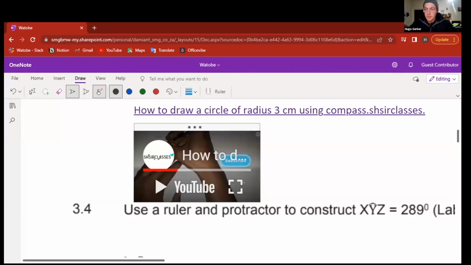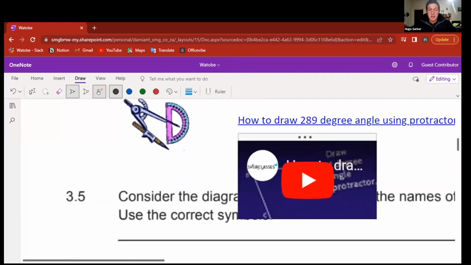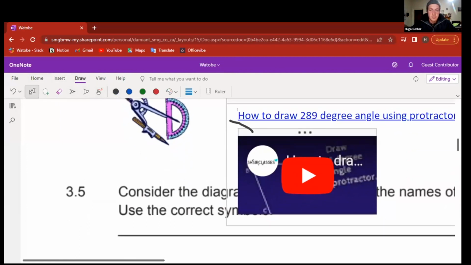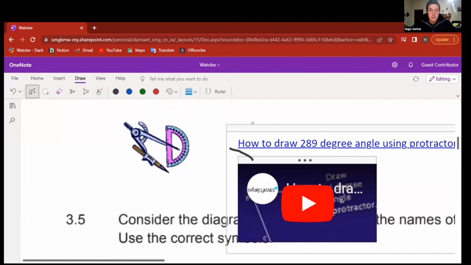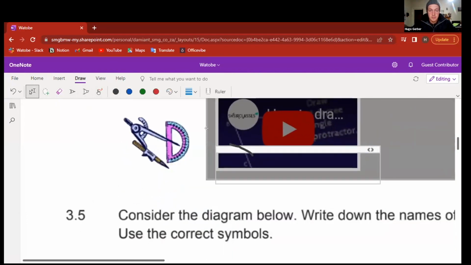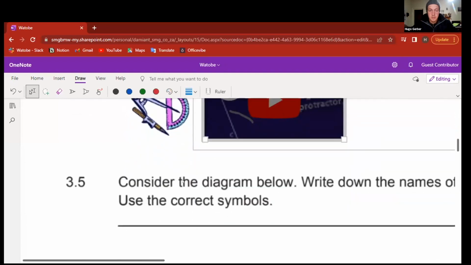So let's carry on. Using a ruler. Oh, sorry, we just did that. Let's scroll down. Okay, consider the diagram below.